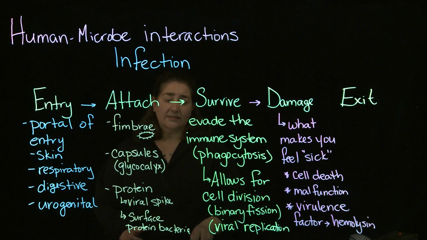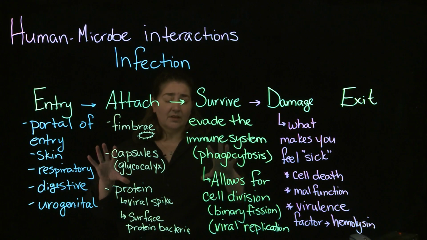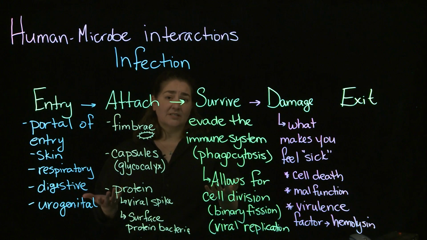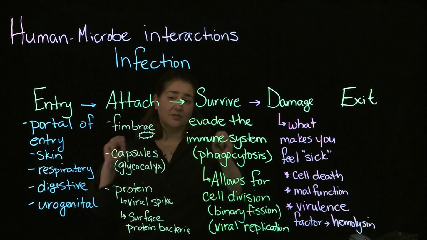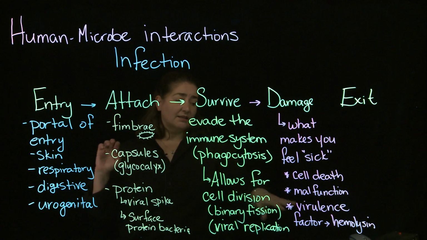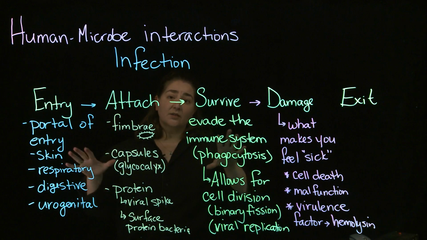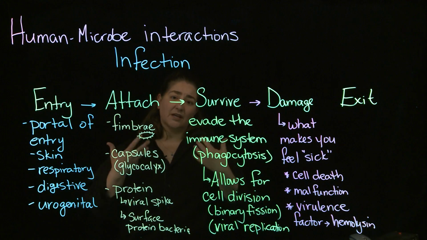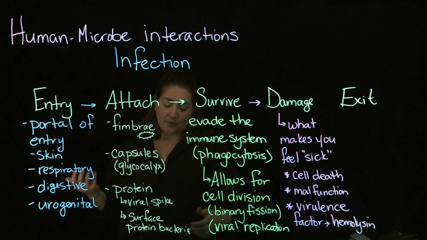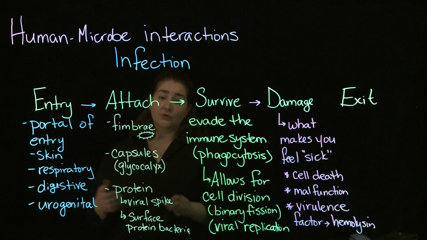That hemolysin, just like the name kind of says, hemo refers to blood, lyse means to break something open. So essentially what those strep pyogenes bacteria have the ability to do is they secrete a toxin, the hemolysin, that breaks open your red blood cells. That's what gives the red appearance associated with strep throat.